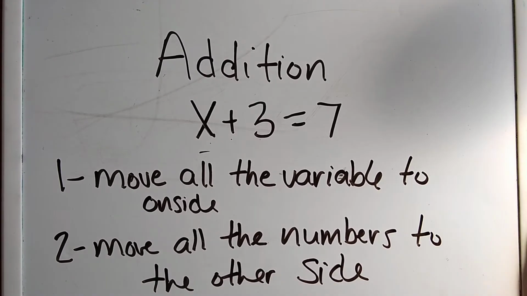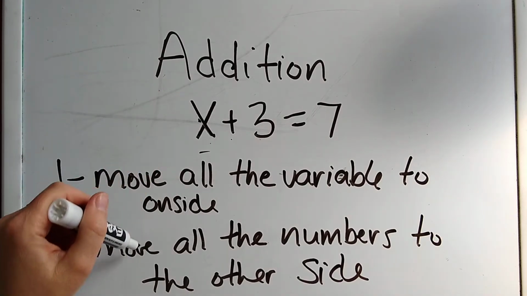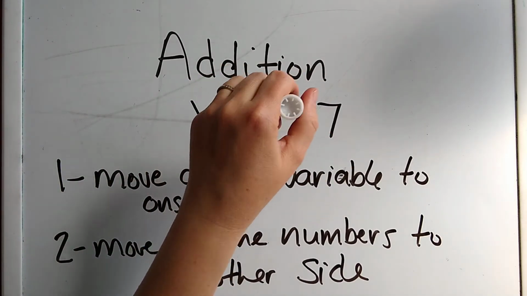Okay? So we need to move all the variables to one side and all the numbers, okay, to the other side.